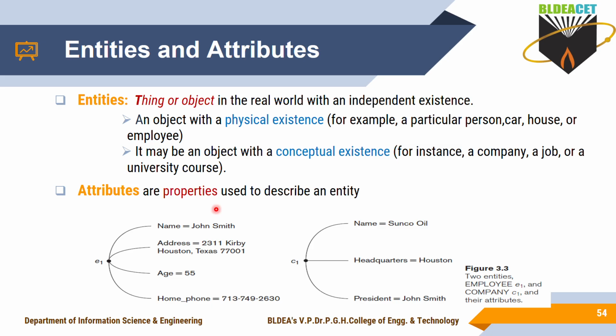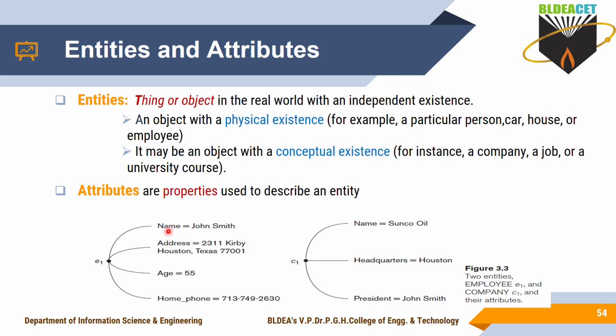Attributes are properties which are used to describe an entity. If you have any real world object and you describe that object, that is what we call attributes here. This is one example. Here I have taken two entities. E1 is the employee entity and C1 is the company entity. Attributes for employee E1 are name, address, age, home phone.